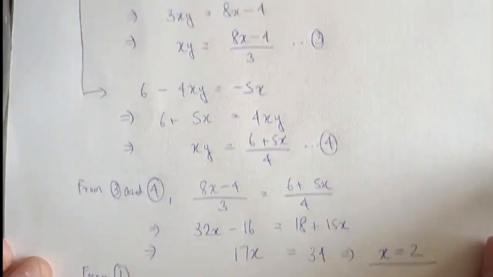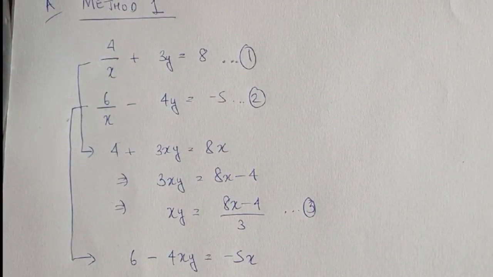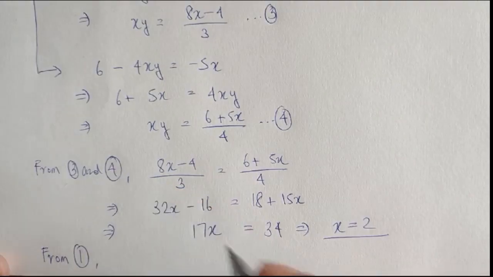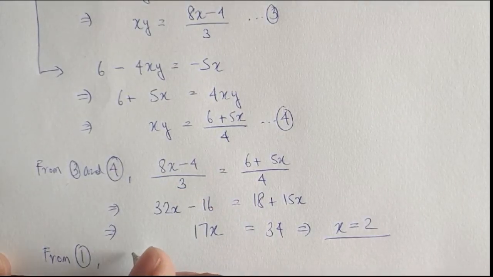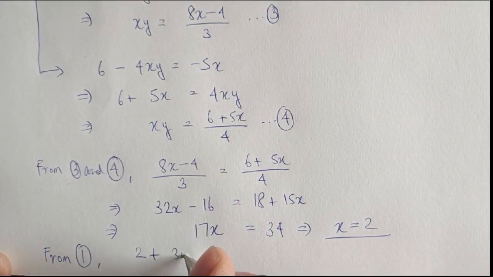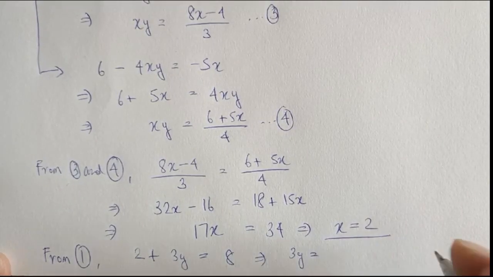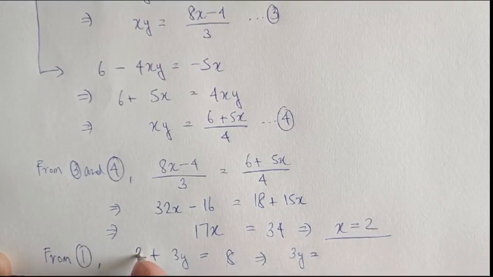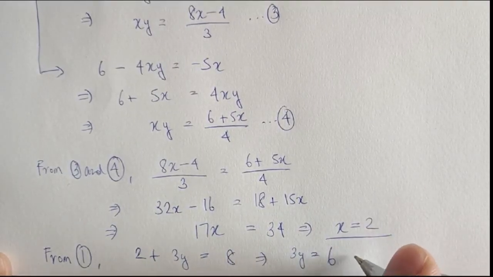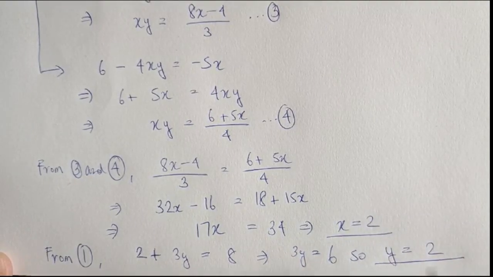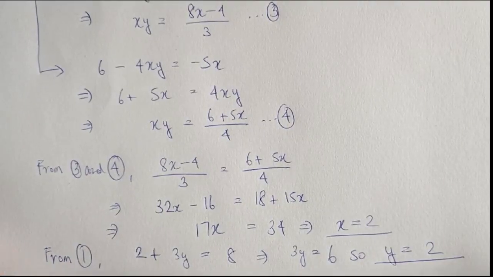From 1 we get, 4 by x is 2 plus 3y is equal to 8, which gives us 3y is equal to 8 minus 2, which is 6. So y is equal to 2. So the solution is x is equal to 2 and y is also equal to 2.